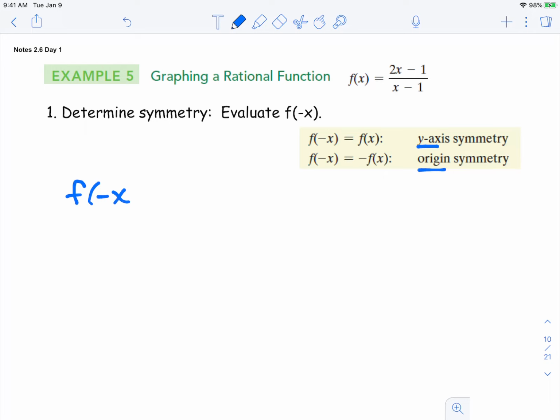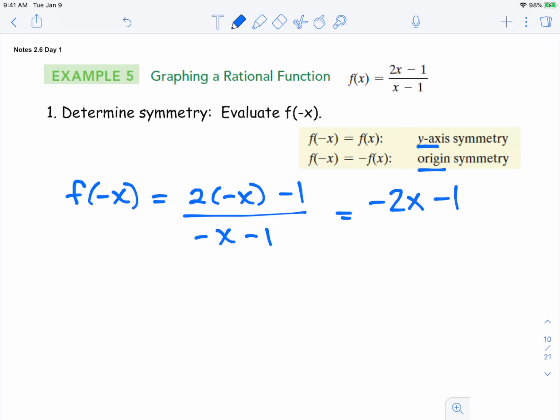We're going to evaluate the function for negative x. Then we simplify it. We get negative 2x minus 1 over negative x minus 1.